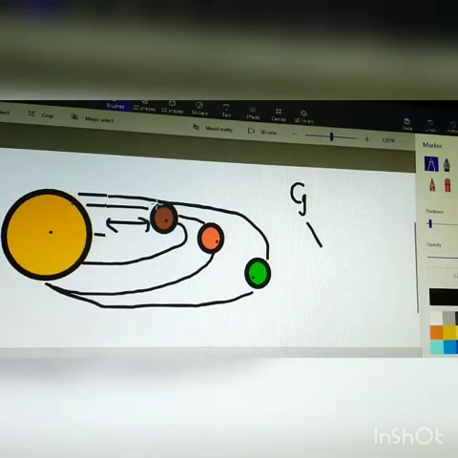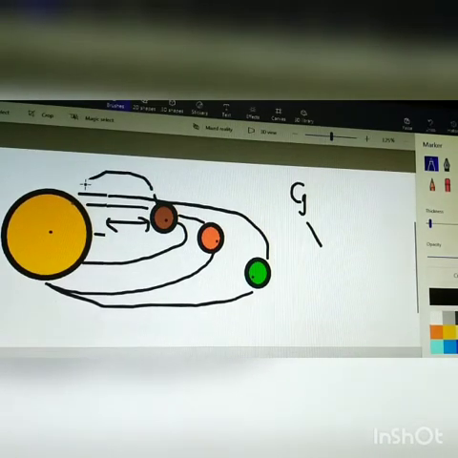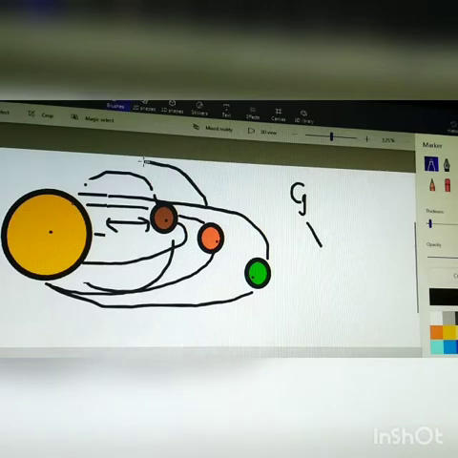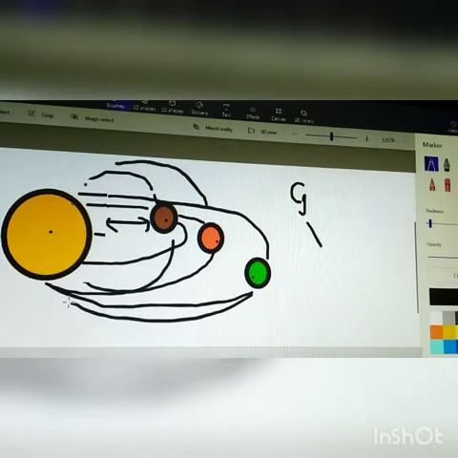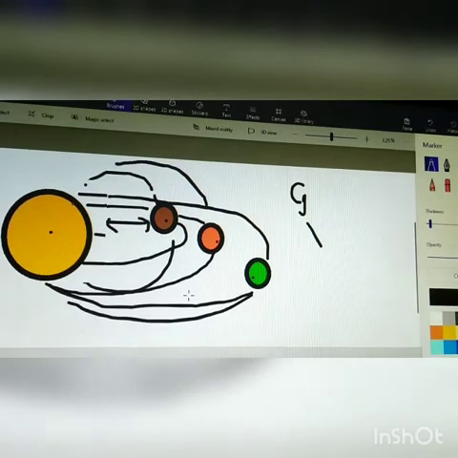Mercury will possess an attractional force towards the Sun, and the Sun will possess an attractional force towards Mercury, and it will happen to all other objects revolving around the Sun and all the moons revolving around their own planets. So gravity is present everywhere. Gravity makes space bend and time occur.